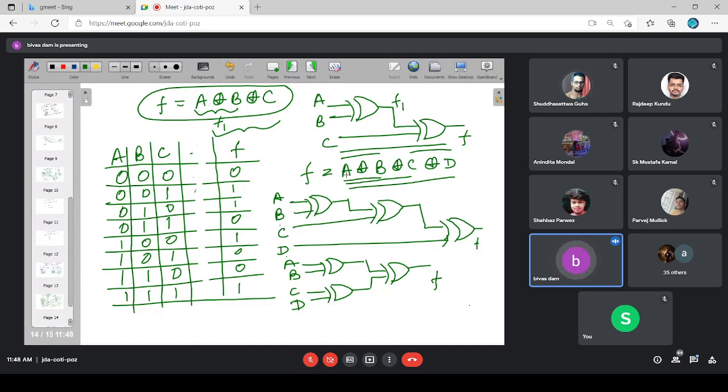Now, every logic gate or every logic circuit is a practical logic circuit. None of the logic circuits are ideal. If I have some ideal logic circuit, there will be no propagation delay or response time. As soon as you apply the input, you will readily get the output.